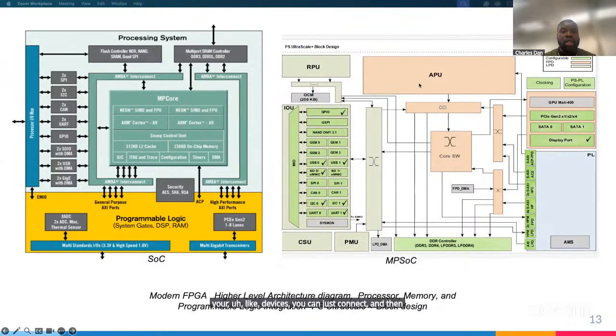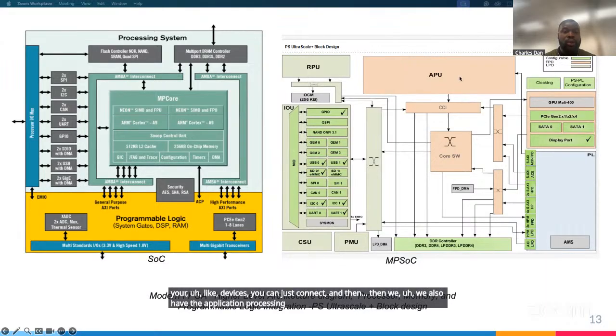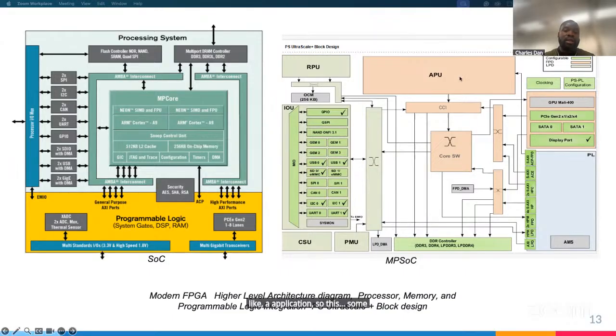And then we also have the application processing units where you run your applications. Some of these applications can be your ROS, or any project that you have in mind that you would want to run. We will go through some of the applications.